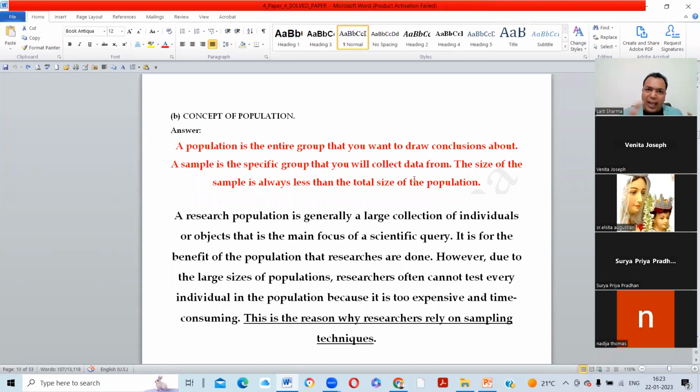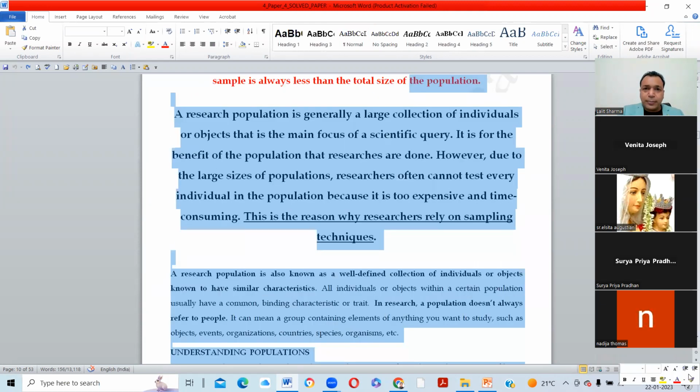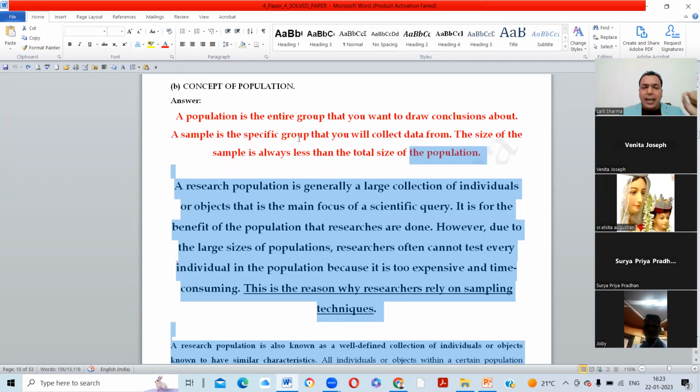For example, if a researcher wants to see the emotional intelligence of 10th class students of convent schools under the district of Ludhiana, right, guys? So now the examiner wants to check the emotional intelligence of adolescents or 10th class students of convent schools of Ludhiana district.